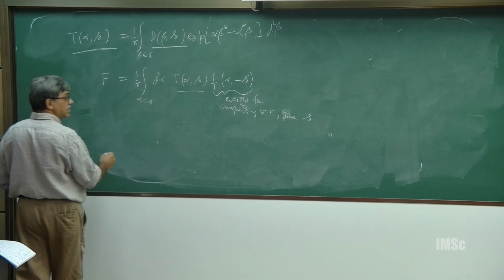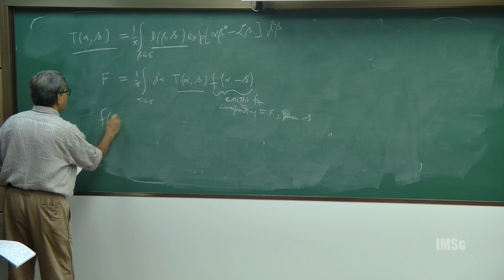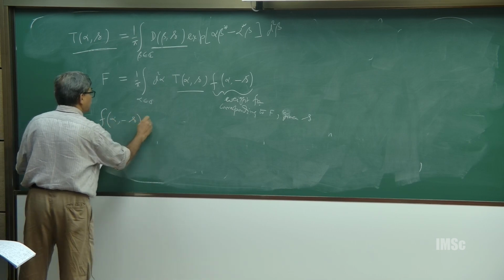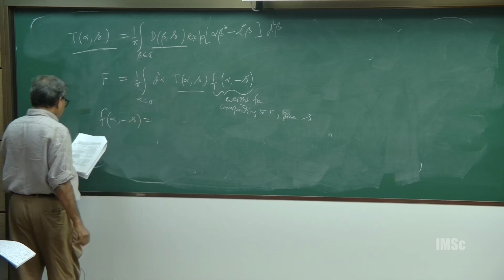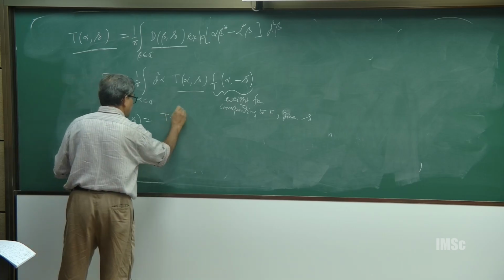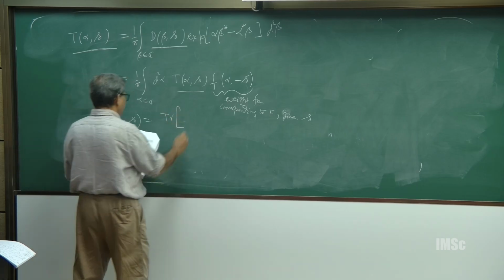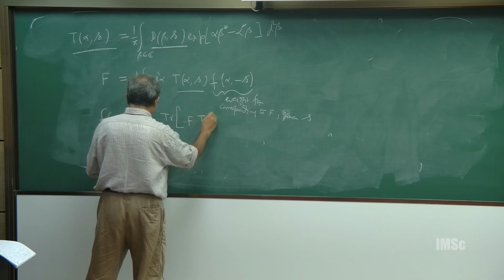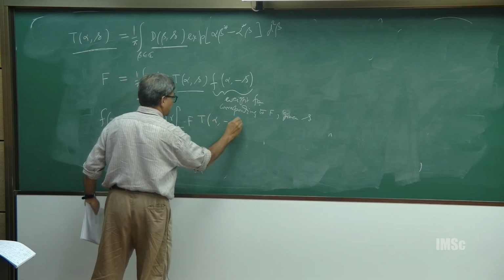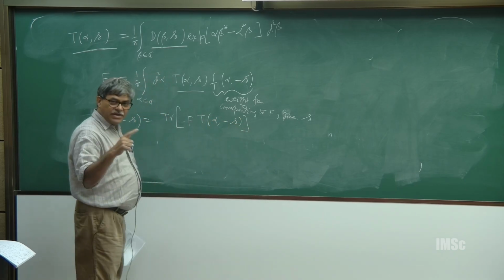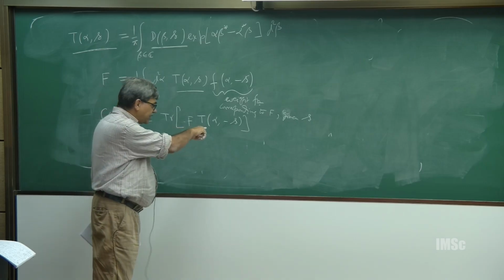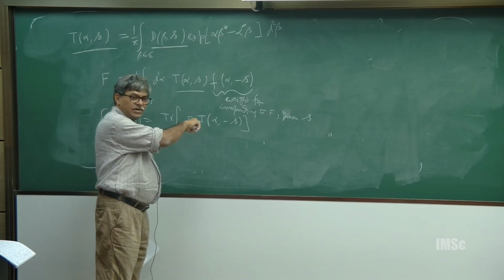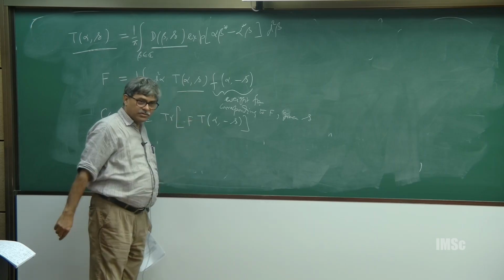Now you can figure out what this function F of alpha, minus s is. This we know. As we have seen earlier, this will be F of T times alpha comma minus s. This we have done for the displacement operator, and here also you can do the same thing.